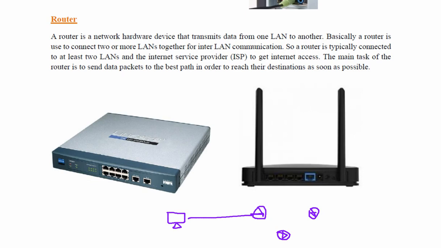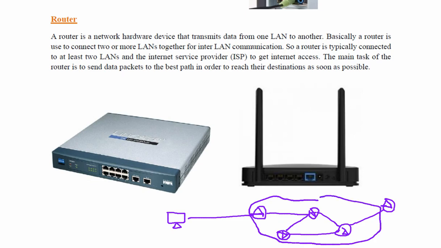These routers are connected together like here, and there can be more routers. So normally the internet is a connection of routers. So we can say this is the internet, right? Okay. Again, let's say the Facebook server is here in America.